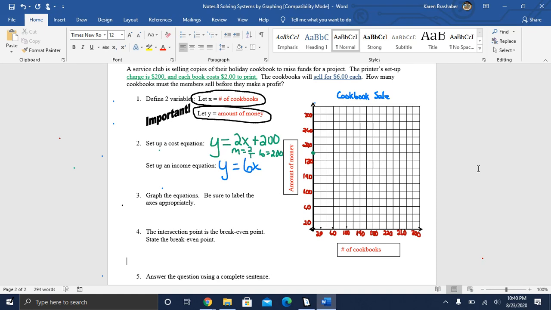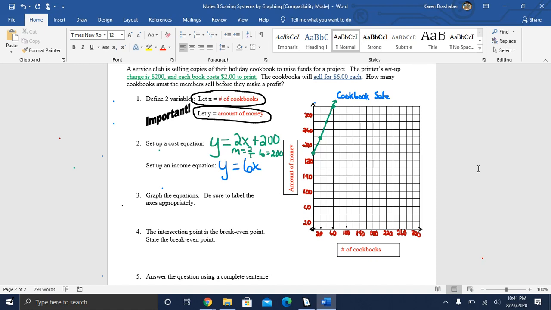I'm going to go 2 over 1, so I can go up 2 squares and right 1 square from my starting point. I can do that type of graphing whenever I'm using the same scale for the X and the Y. Since I went by 20s for both, I can use my slope and my y-intercept. There we go. And that's my cost equation.